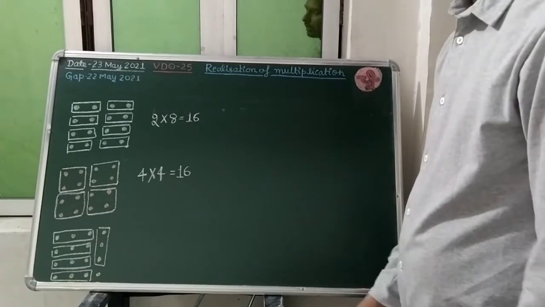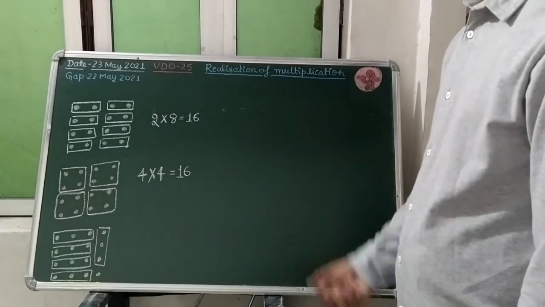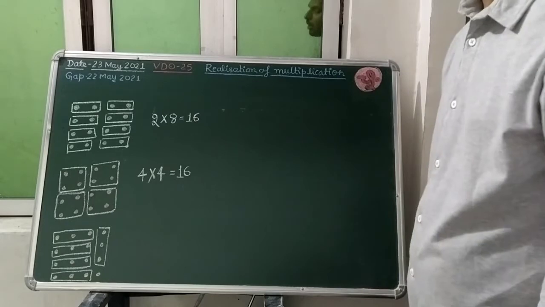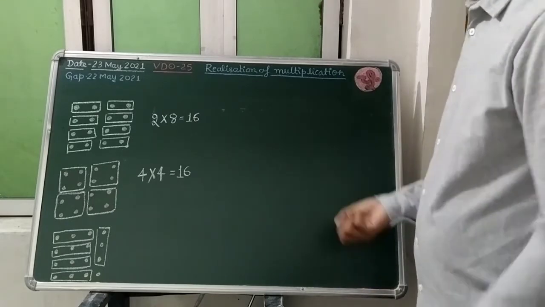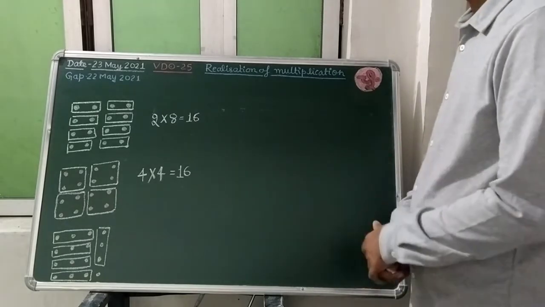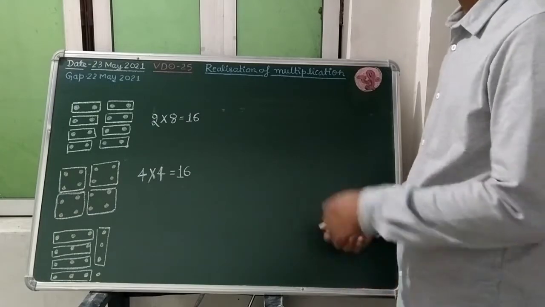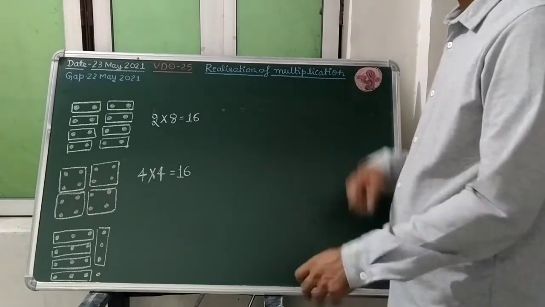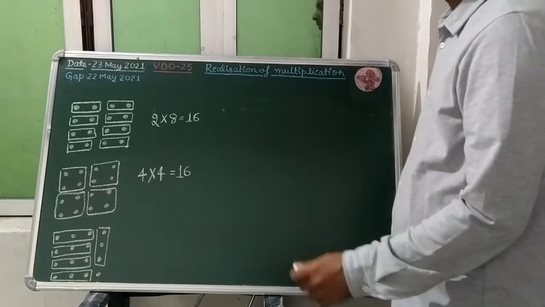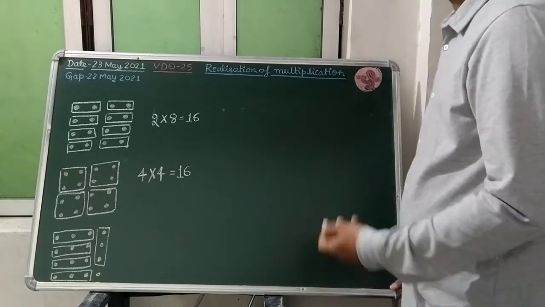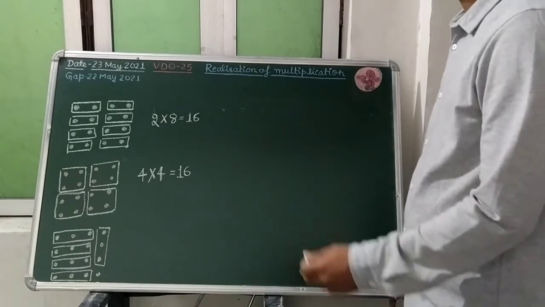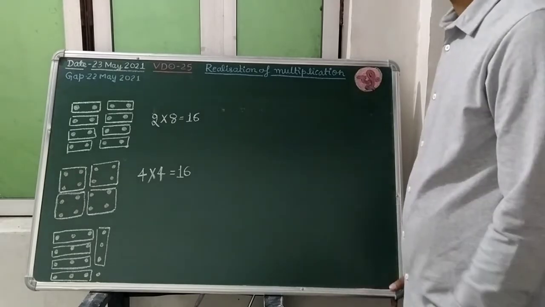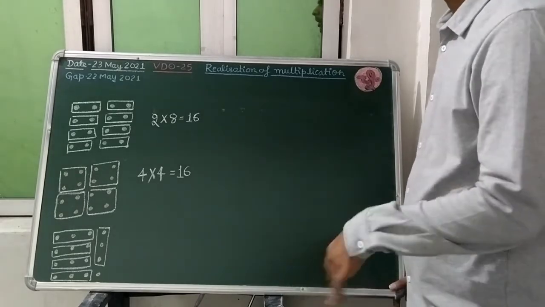We can't group that. That is why we will not think about grouping them in 3 dots, because if we have an array of 16 dots and we try to group them in 3 dots, 1 dot will be left.